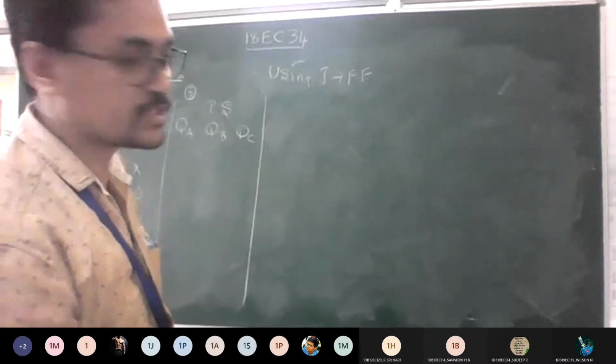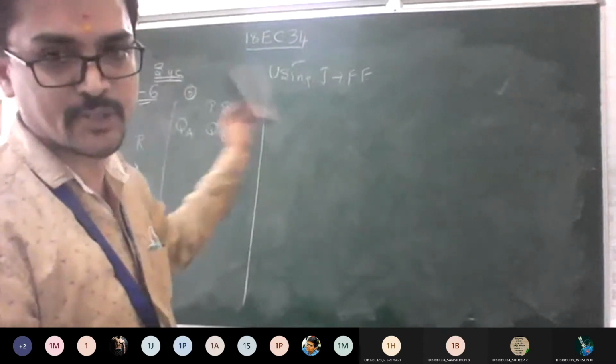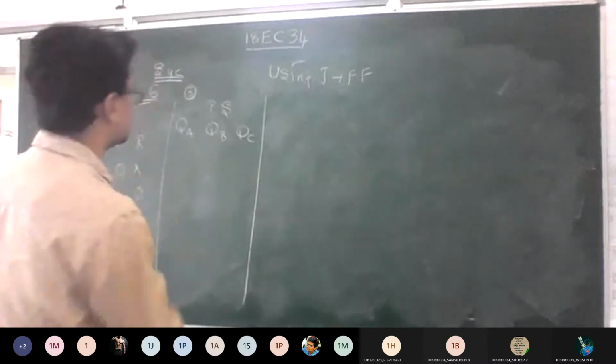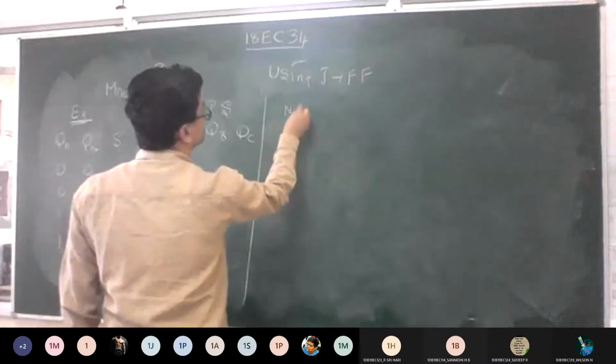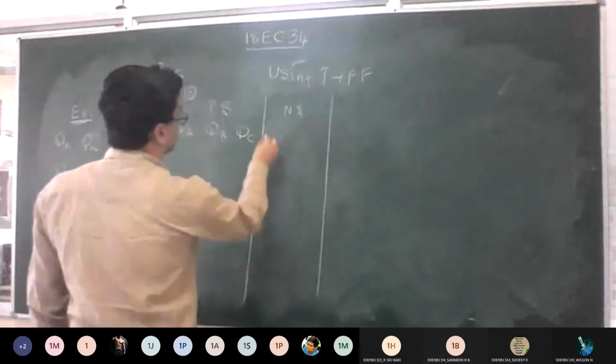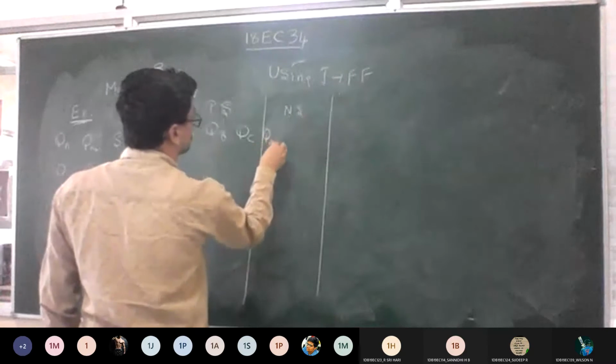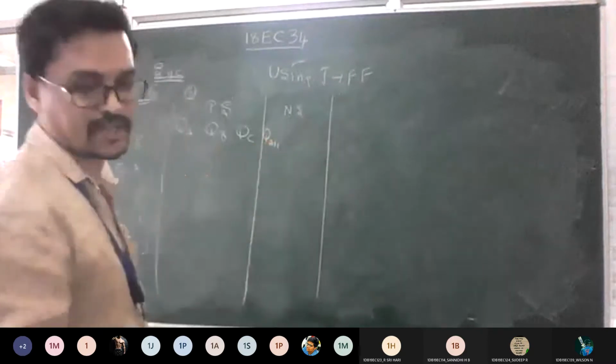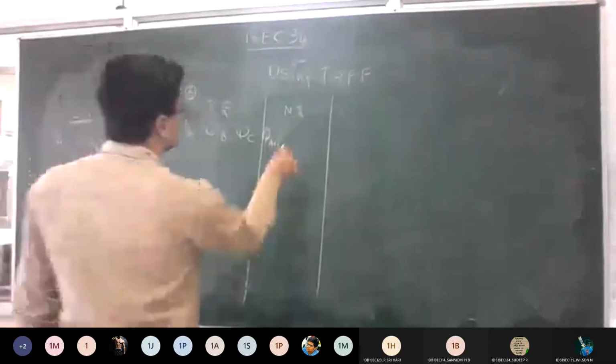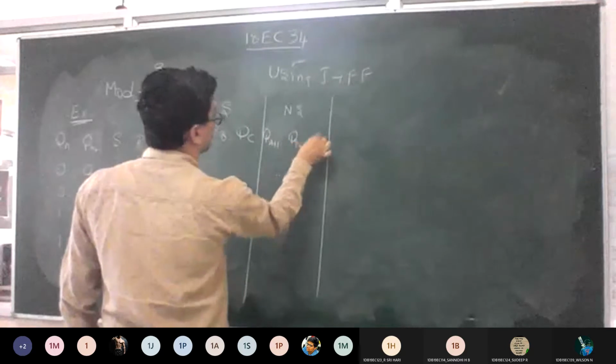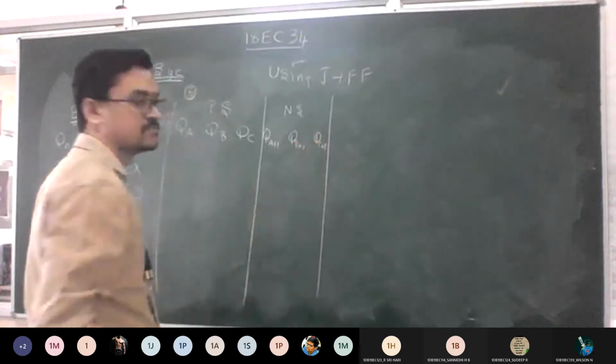If it is 4 states, QA, QB, QC, QD, right? So the next state will be QA plus 1, you can write plus 1 here or above also, not an issue. QB plus 1, QC plus 1.